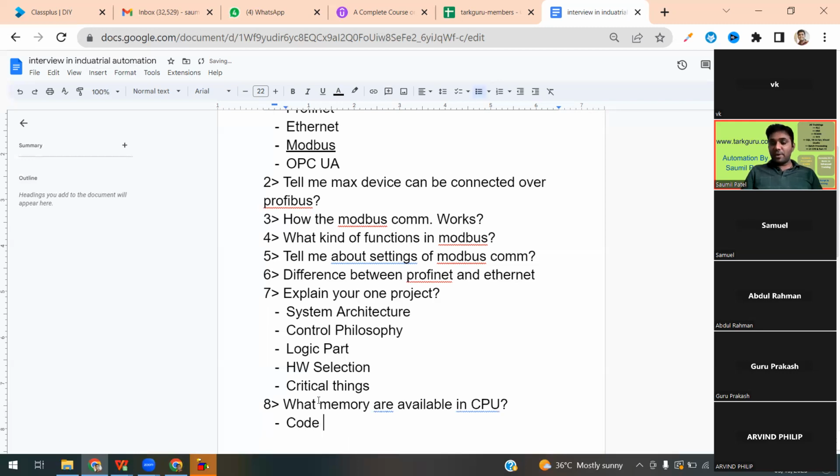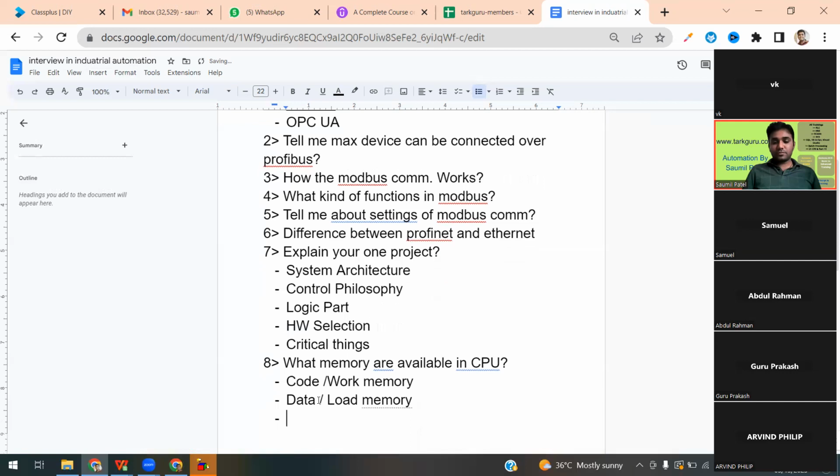For example, code memory, you can say that it's a work memory. And another memory is nothing but the data memory or load memory. So you need to prepare these two kinds of memories, right?